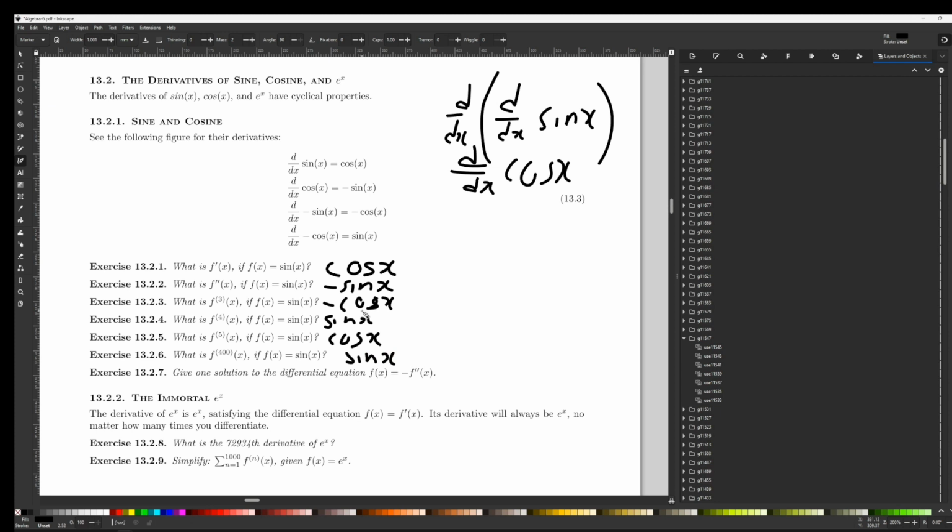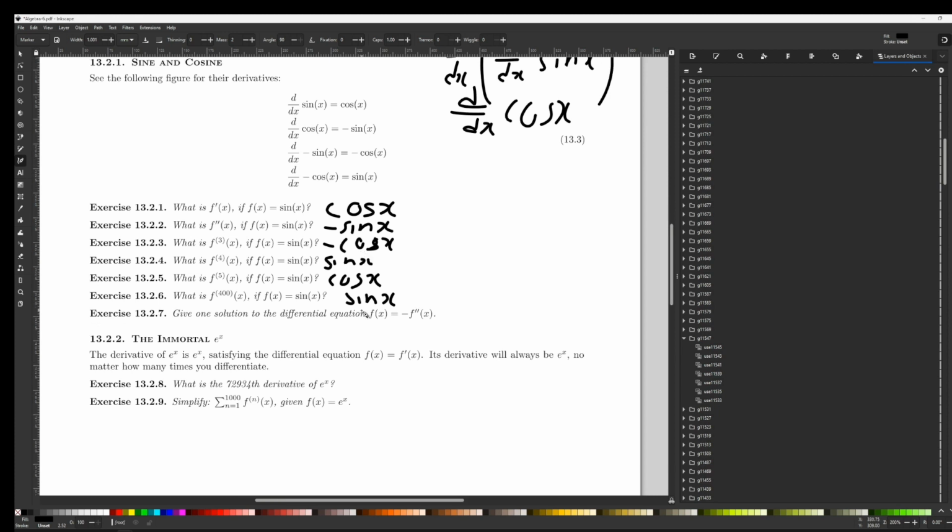Give one solution to the differential equation f of x equals negative f double prime of x. For differential equations, for now, we have to think in terms of sine and cosine. Those are common answers to these. So let's try sine of x. If f of x is sine of x, then negative f double prime of x is the negative second derivative of sine.